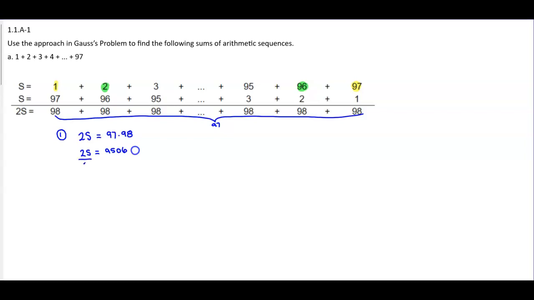So when we divide both sides by 2, therefore S is going to equal 4,753. And therefore, the sum of the sequence is going to equal 4,753.